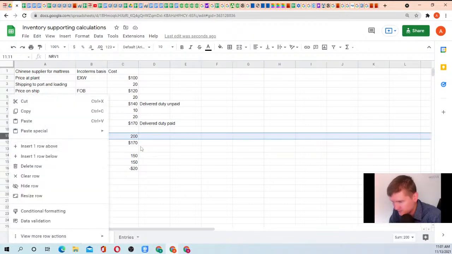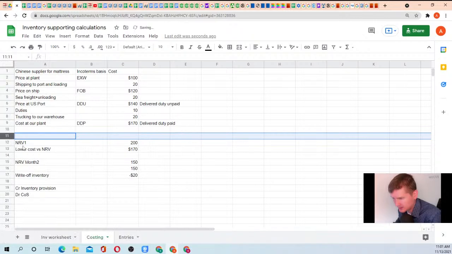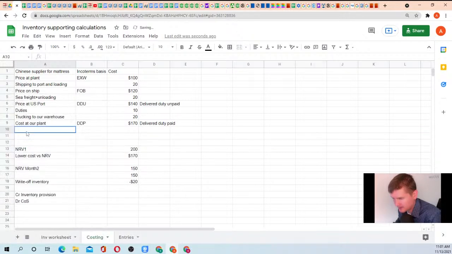What if we do some work with that mattress after we get it, at our plant? Extra work done on the mattress would be $20.